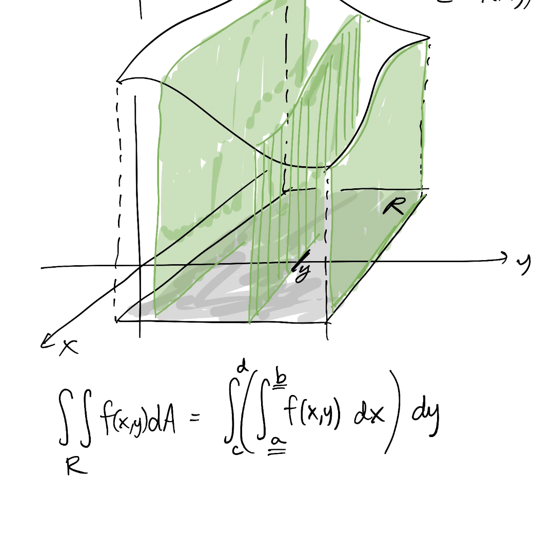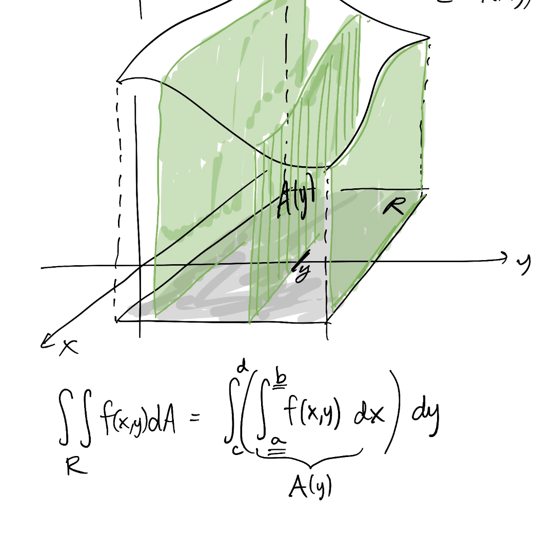For each y value, you will get some area. You could even call it, if you wanted, area depending on y. So this quantity inside the parentheses is the area of that one slice at location y. And you have an answer for each slice at each y between c and d.